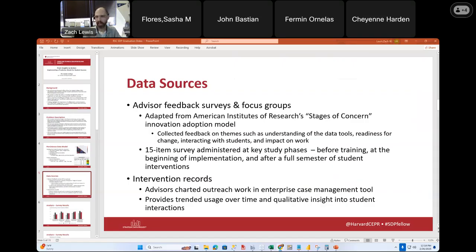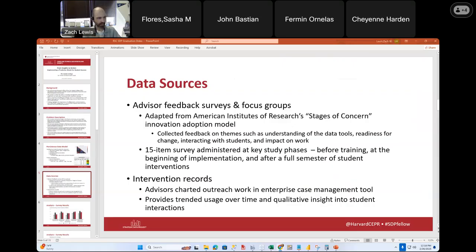Then we ran it again right before the work kicked off in earnest, at the beginning of the fall 24 semester, when advisors started incorporating the predictive scores into their weekly workflows and prioritizing outreach based on that. We took another snapshot of data at that point, and then once more at the end of the fall semester, right after Thanksgiving, to understand how well it went and to gauge whether there were changes in attitude and sentiments over time.